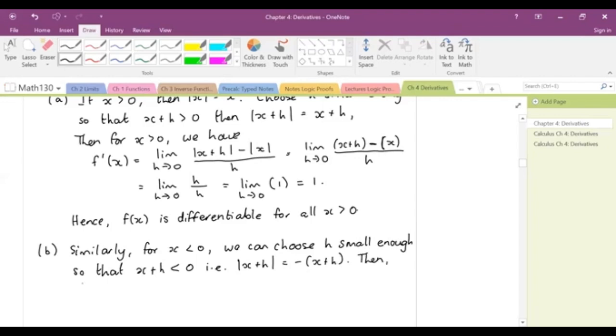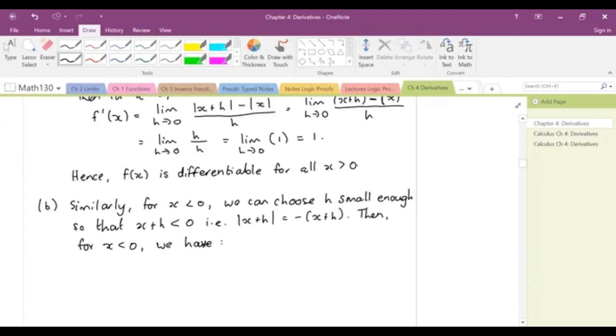Then for x less than 0, again, we're going to find the derivative by using the definition as a limit.